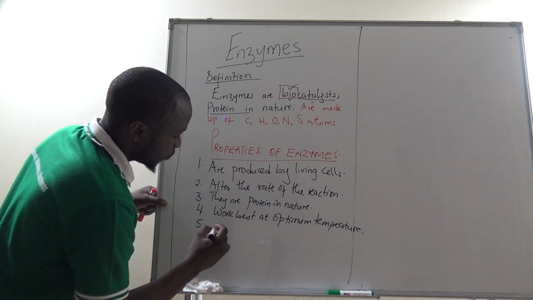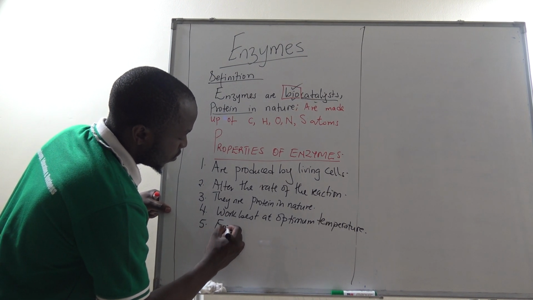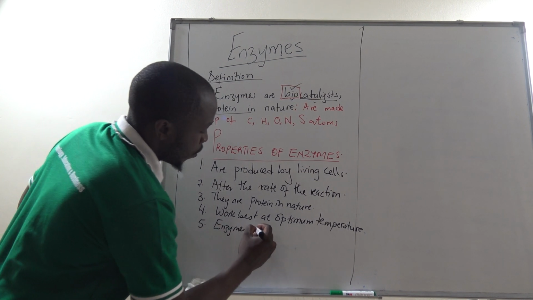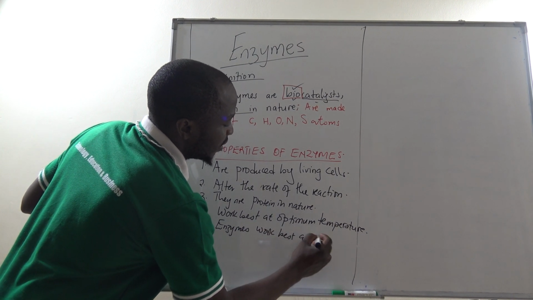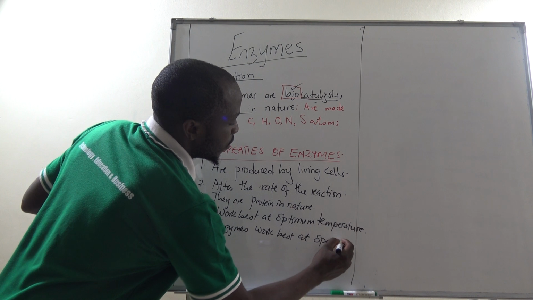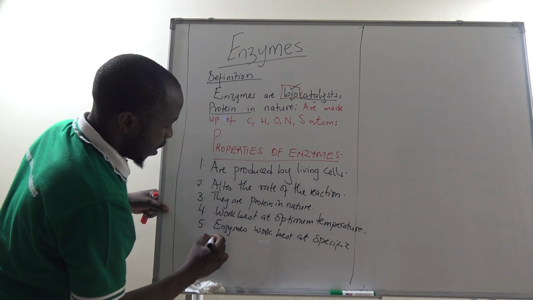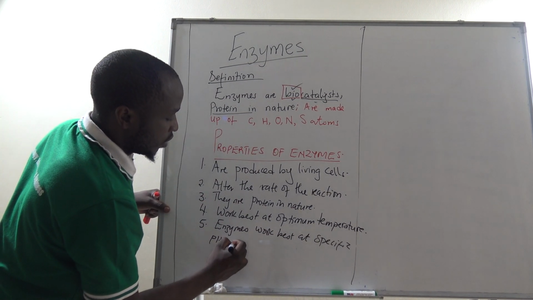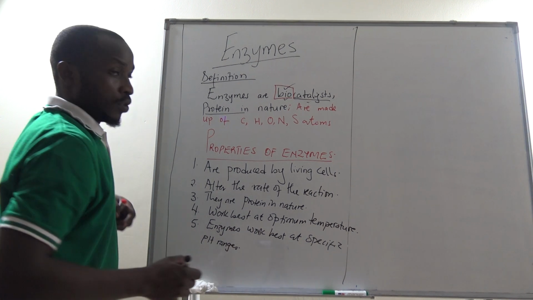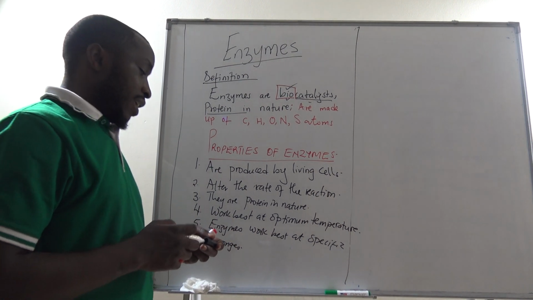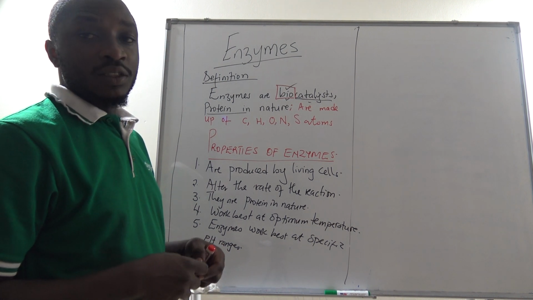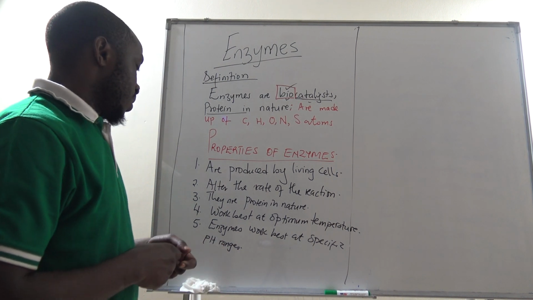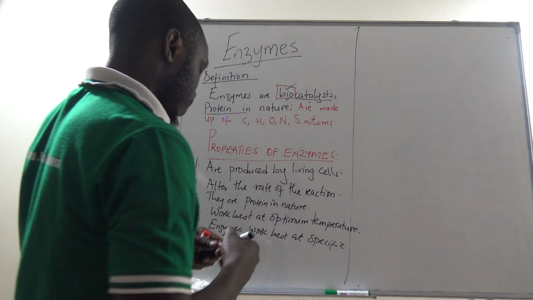4. Enzymes work best at specific pH ranges. So as enzymes are working, we shall also go further and see the effect of pH changes on the rate of the enzymatic reaction.